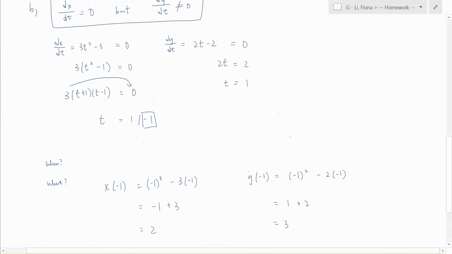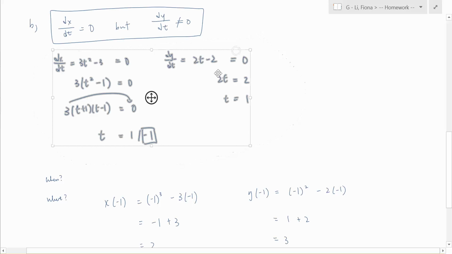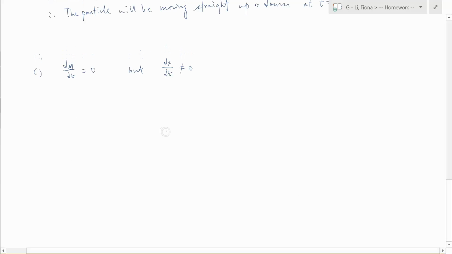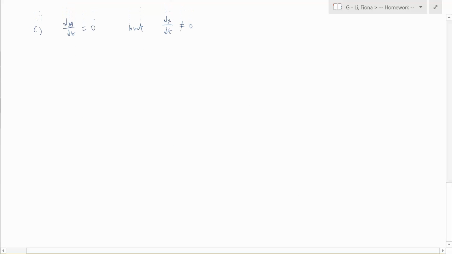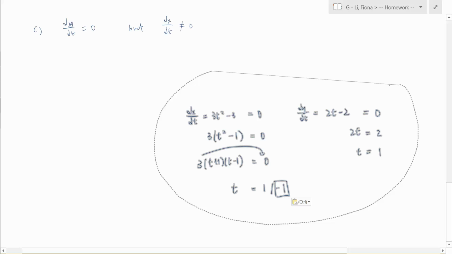And so, just like what we did, let's copy and paste this whole chunk to the bottom to save us some time.